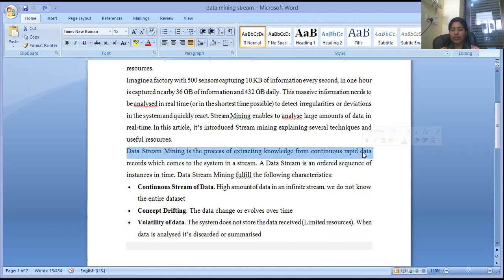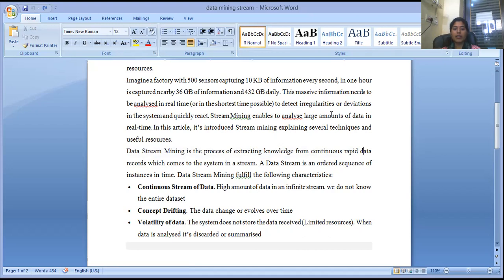This is not a small thing, isn't it? So it is the process of extracting knowledge from rapid data records which come to the system in a stream. Stream in the sense comes in a massive amount of data. Clear?